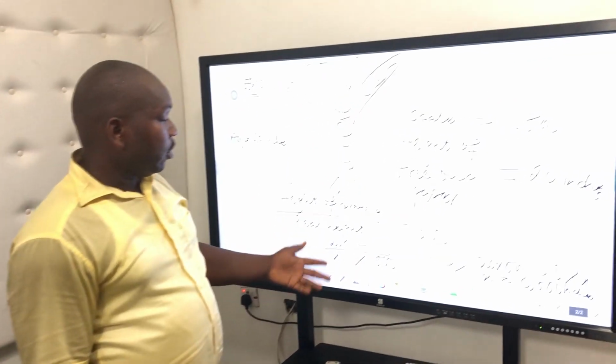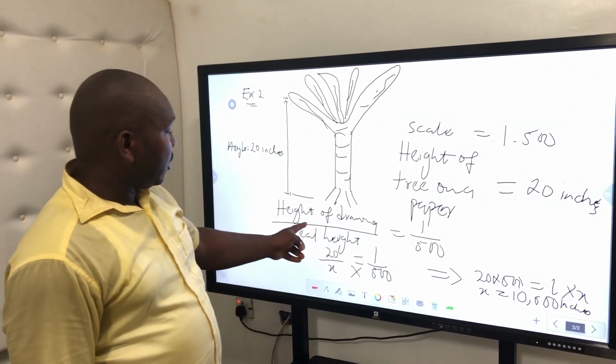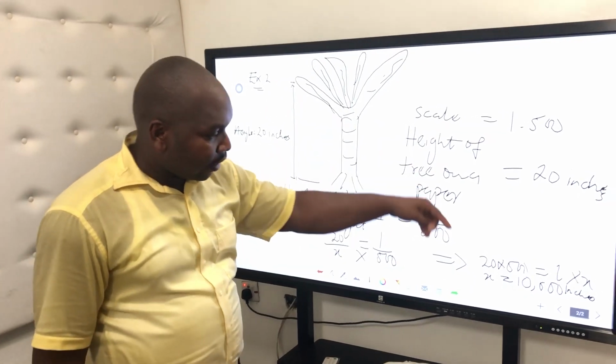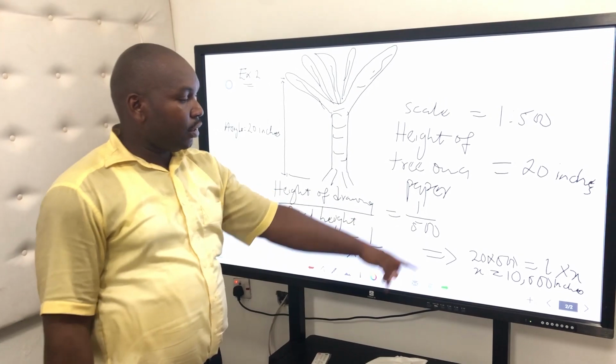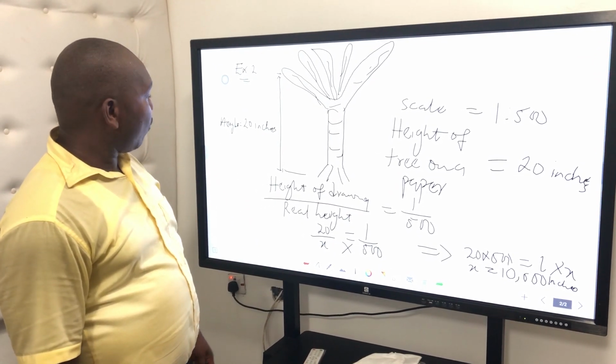In the calculation, we have gotten the real height of this tree to be 10,000 inches, as you can see on the board.